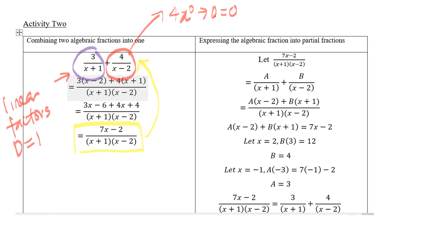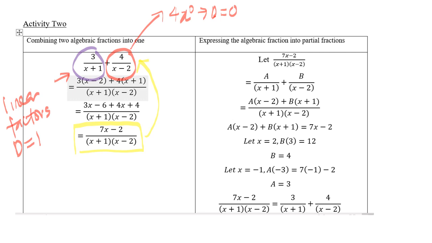From there we can let your algebraic fraction 7x minus 2 over x plus 1 bracket x minus 2 break up into 2 partial fractions, where one of them is a over x plus 1 and the other one is b over x minus 2.